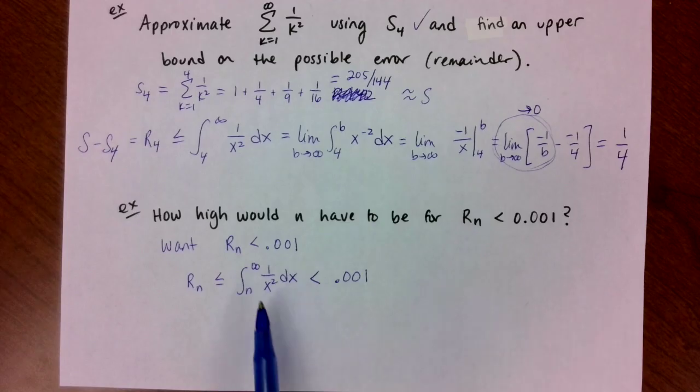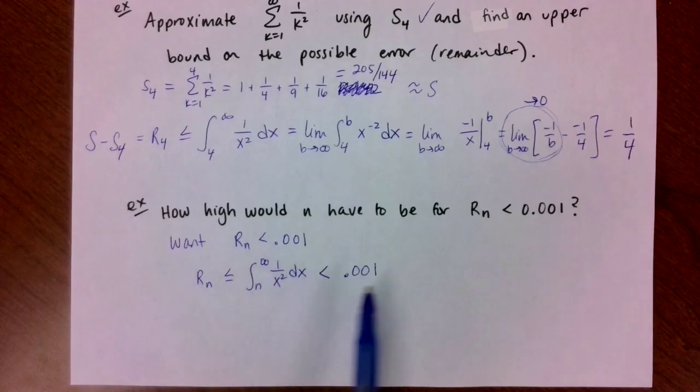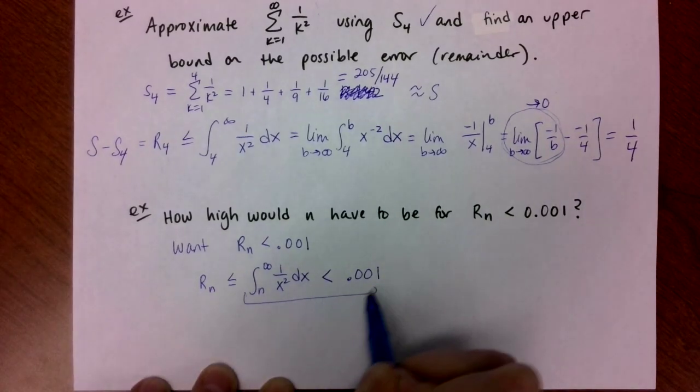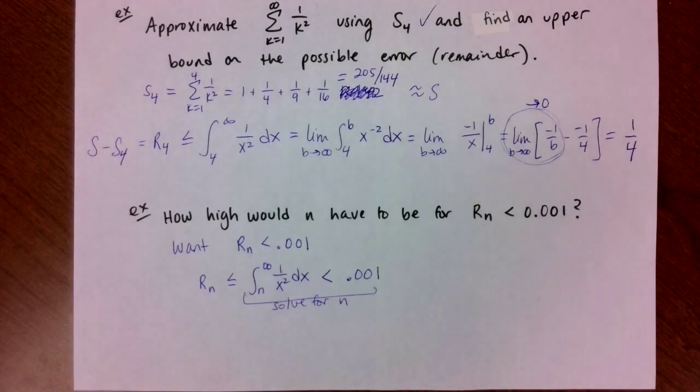So if I can choose an n that makes this less than that, then my Rn will be less than that as well. So I want to solve this for n, which seems like we shouldn't be able to do it because there's so much unknown, but this actually is completely possible.